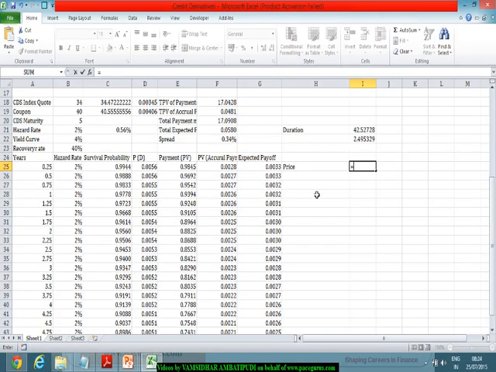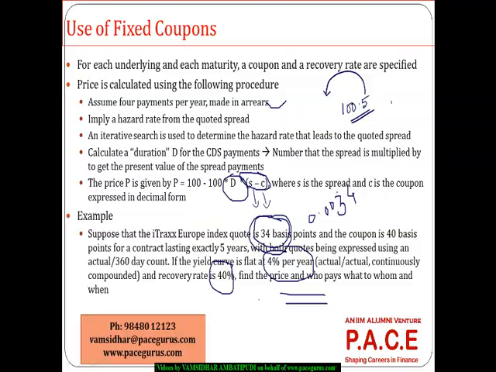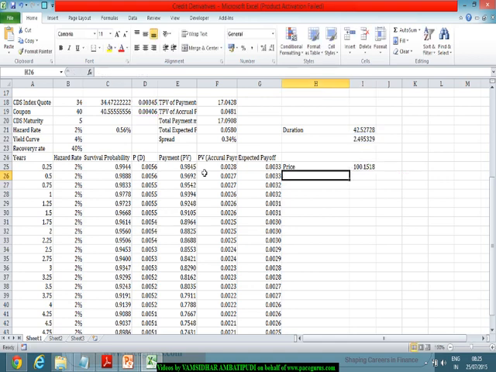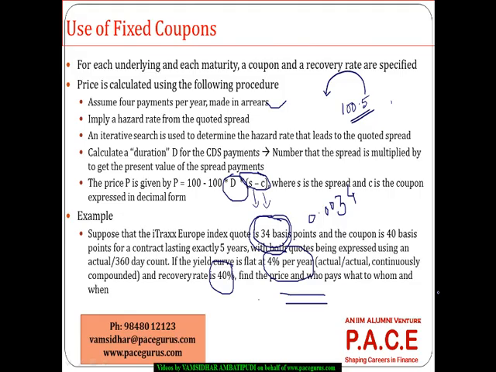So let's look at that. 100 minus 100 times duration times S. S is the spread, minus C is the coupon. So this is working out to 100.15. This is coming out to be the price.